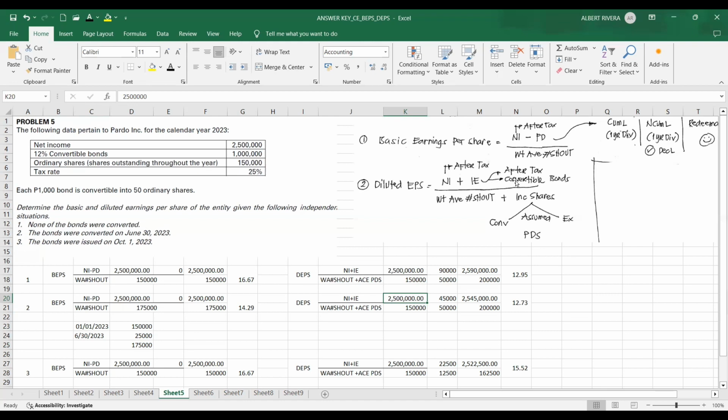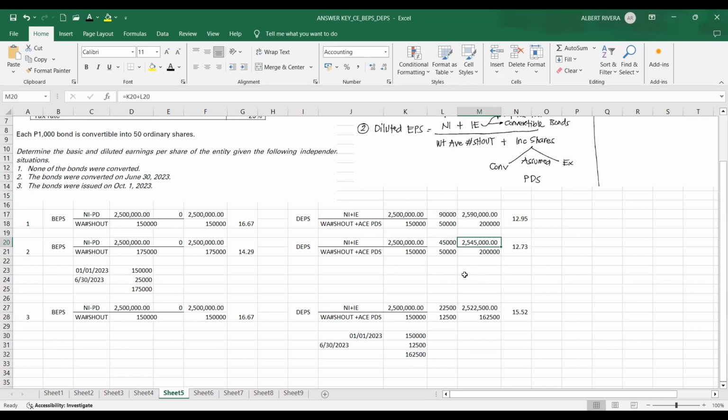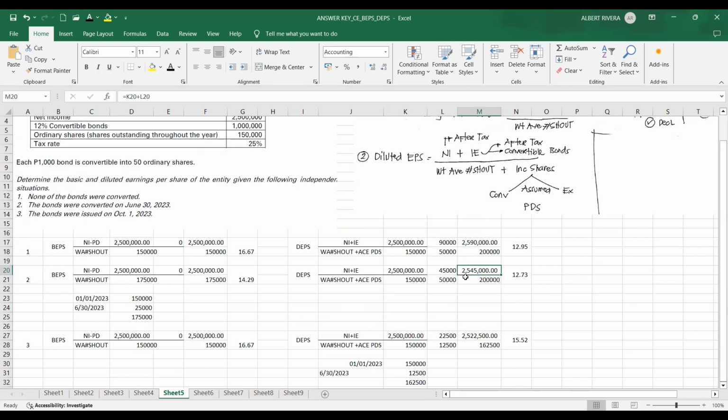After all, this is an after-tax item. So this would now be 1 million times 12% times 6 over 12 times 0.75. Okay? So this is now the interest expense coming from the convertible bonds. So this is now your answer in the numerator. Okay, so this is 2,545.